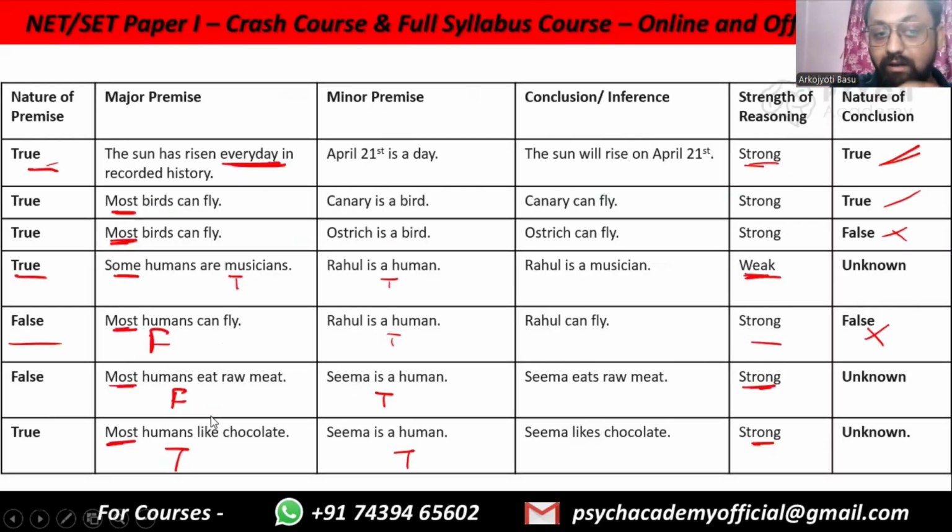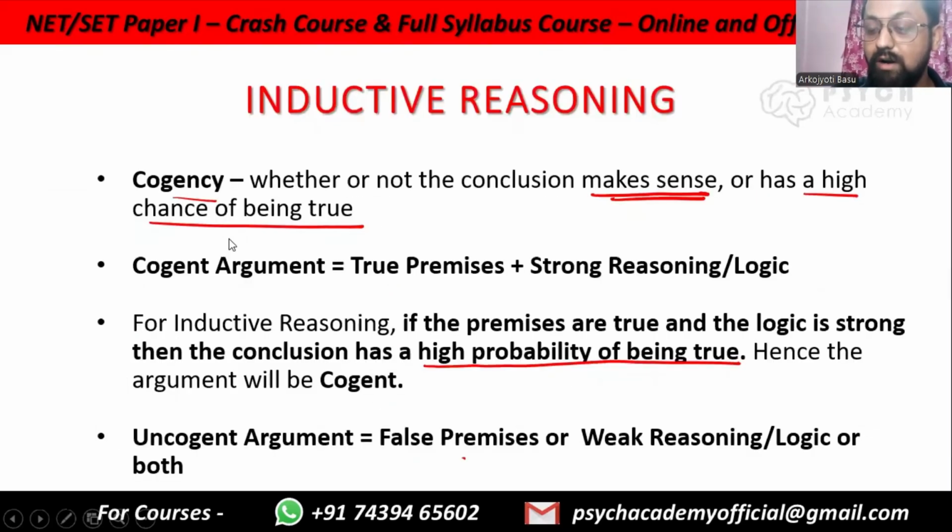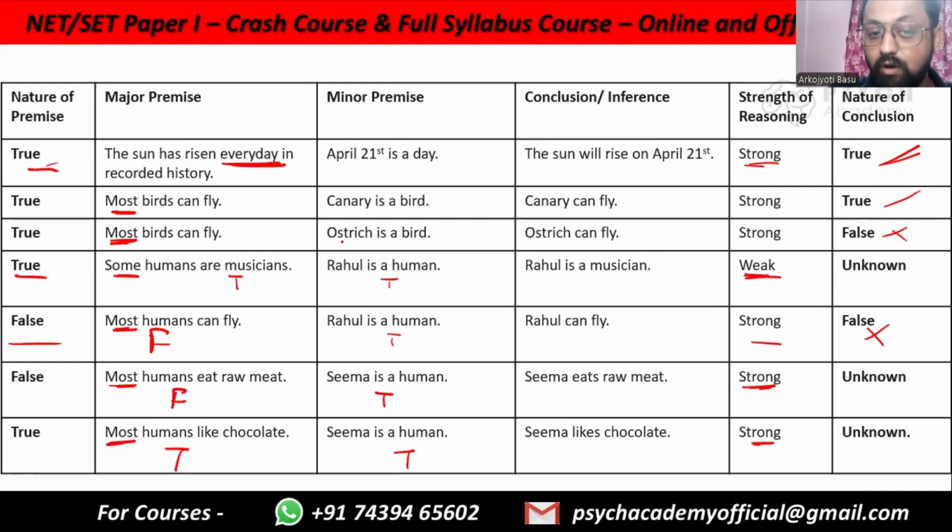Like in this example, that most birds can fly. If we had stated most birds can fly except ostriches, then we would have gotten an even stronger reasoning. And the moment we see an ostrich is a bird, we will simply say ostrich cannot fly because an exception has been added here, that is, except ostriches.